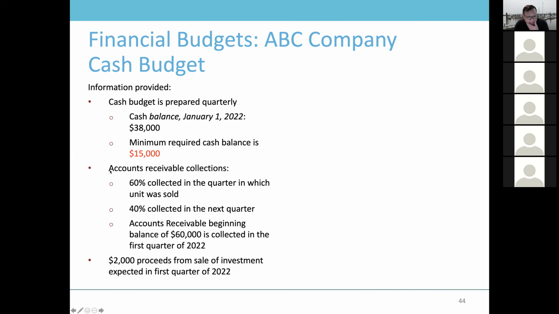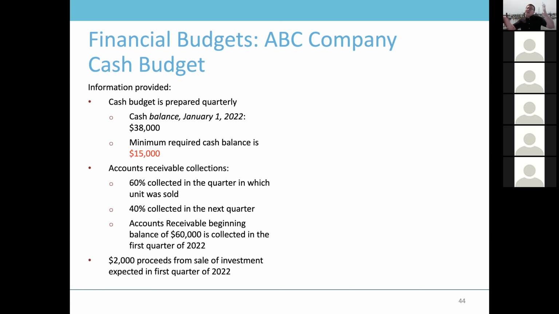So here is about my AR, right? Remember the credit sales? So how fast I can collect this money, turn the AR into cash. So 60% is collected in the quarter in which the unit was sold.